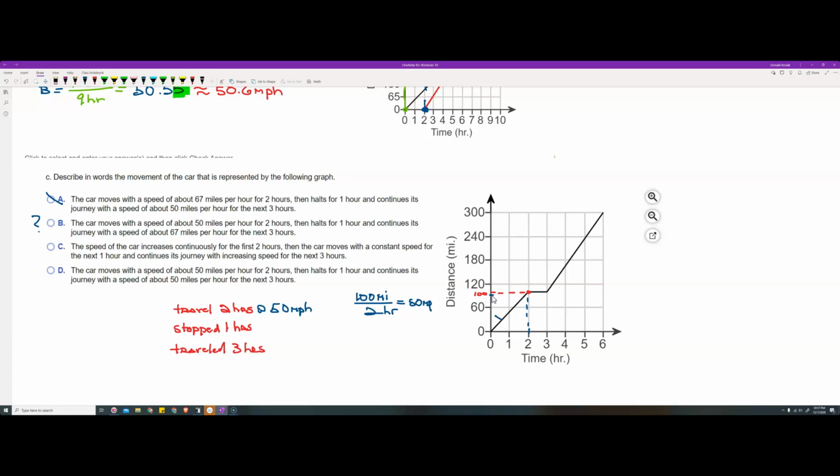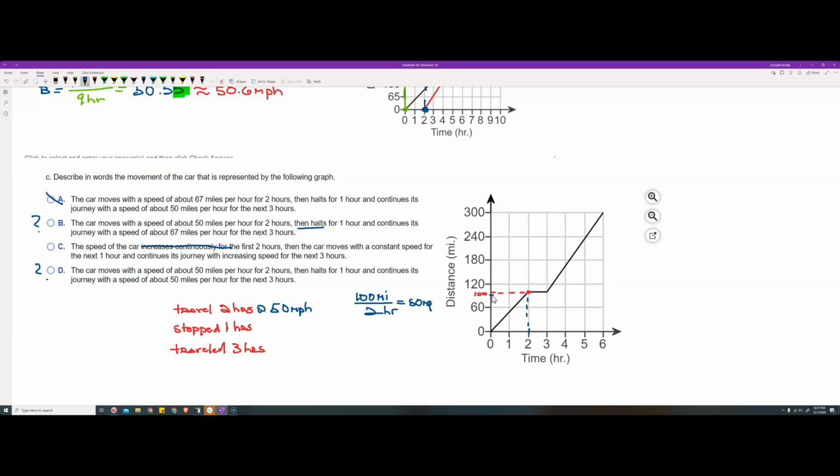The only thing that would show you that the speed was increasing would be if the line was curved. Then you'd have accelerating speed. Here the slope is the same, so the speed is constant. There is not a continual increase in speed. Okay, the car moves with a speed of about 50 miles per hour for 2 hours. So both B and D are still in play.